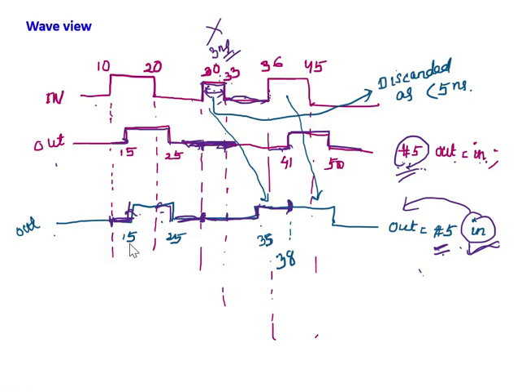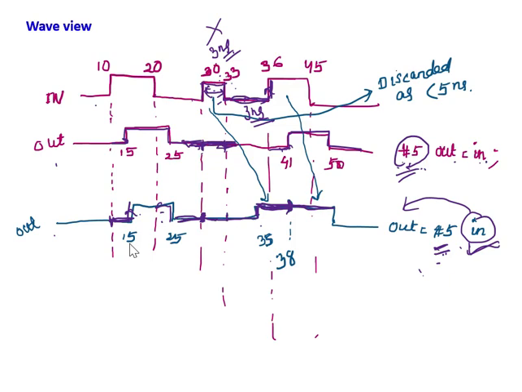So after 3 nanosecond, which is less than 5 nanosecond, again I have a transition 1 to 0. This old value will remain. With 3 nanosecond, the 36 comes. It won't consider 36 because this 3 nanosecond is less than 5 nanosecond. So whatever the value initially, that one will continue.